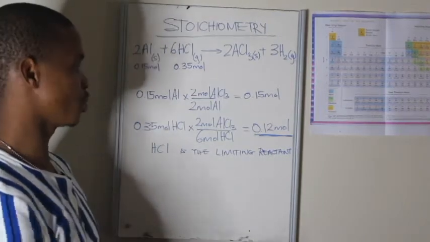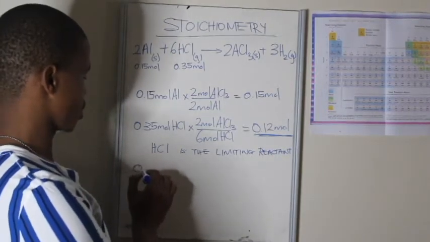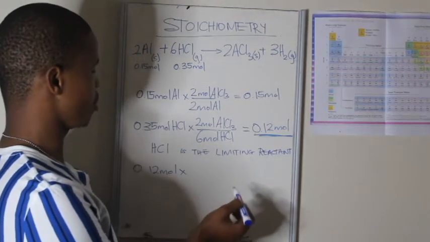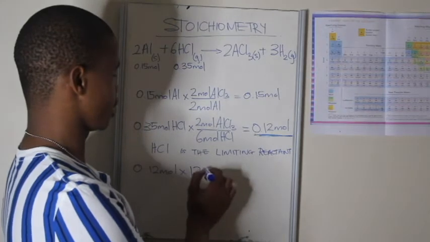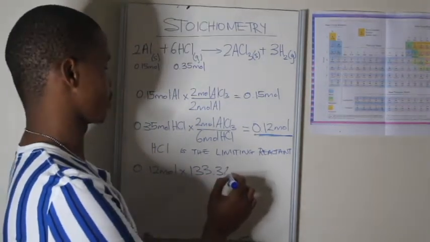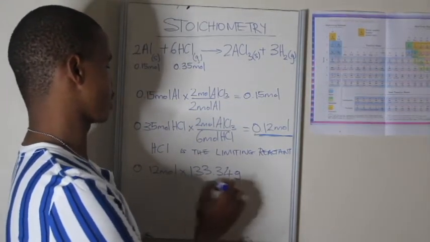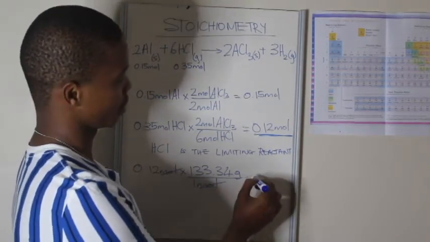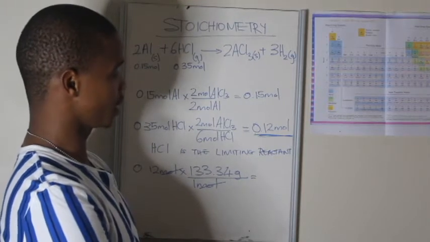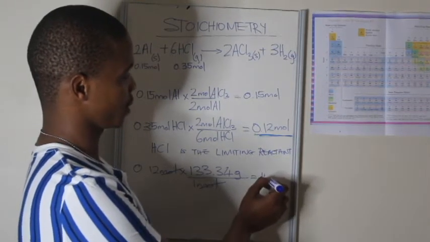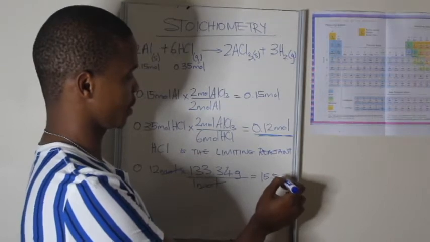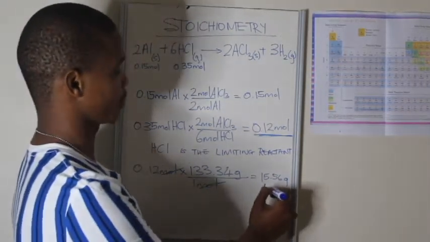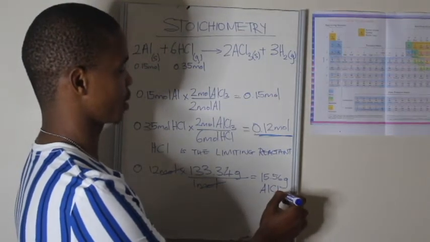mixing these two. So which is moles of aluminium chloride multiplied by the molar mass, 133.34 grams per mole. Then you would get 15.56 grams of aluminium chloride.